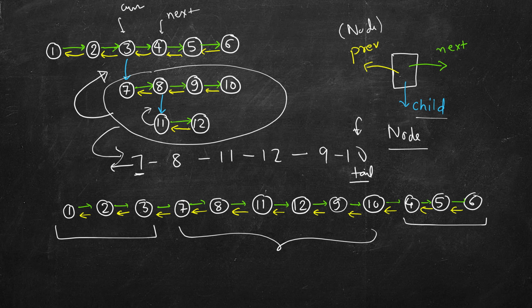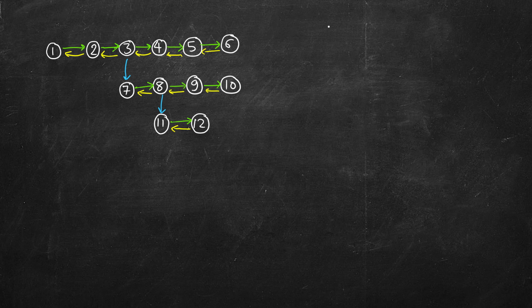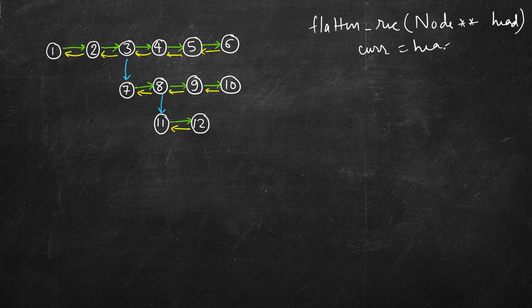So let's write a formal code for this, how we will do it. So we will have a recursive function, let's call it flatten rec, and it will take a head pointer. What it will do, current will be equal to head, and tail will also be equal to head, and we will continue till current is not equal to null.